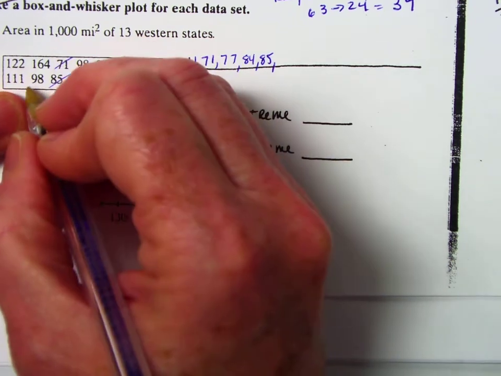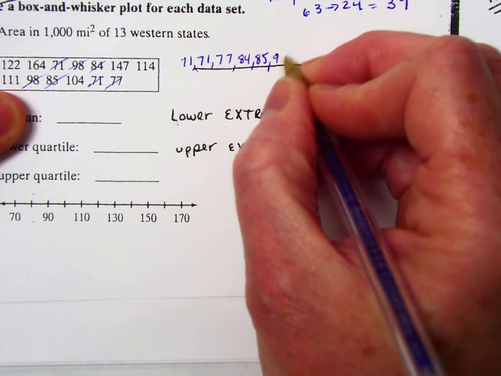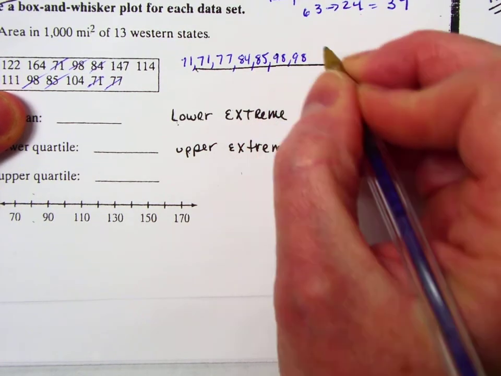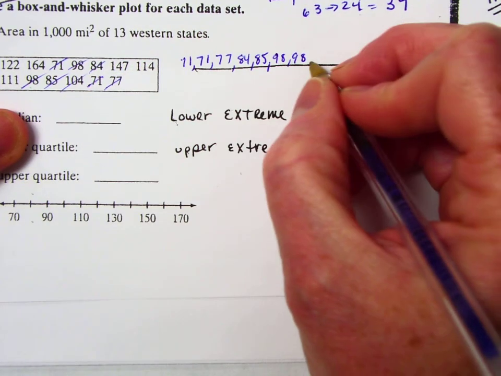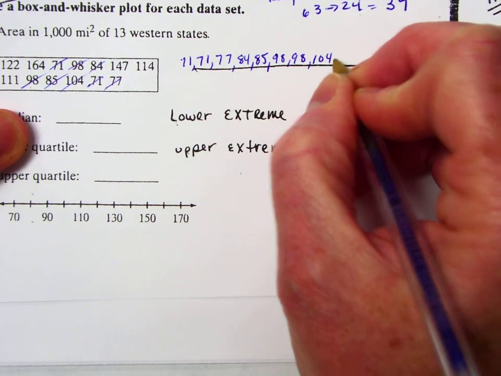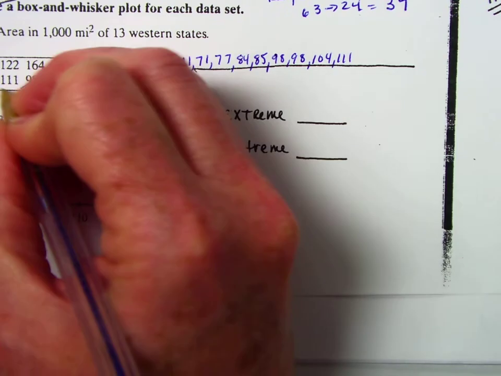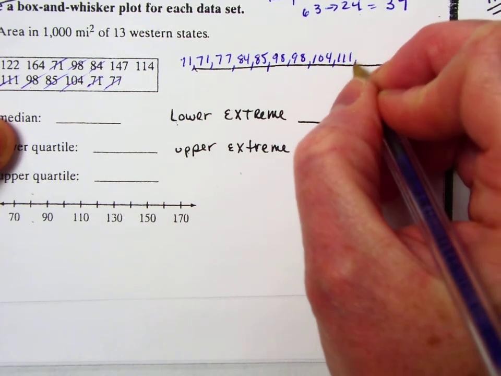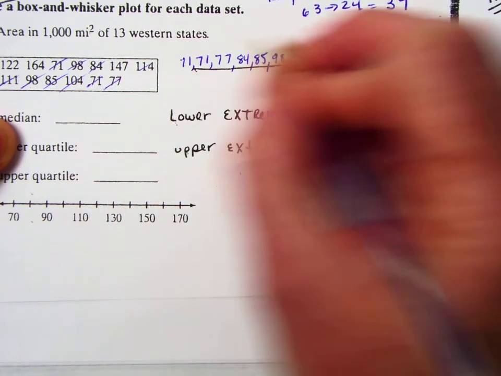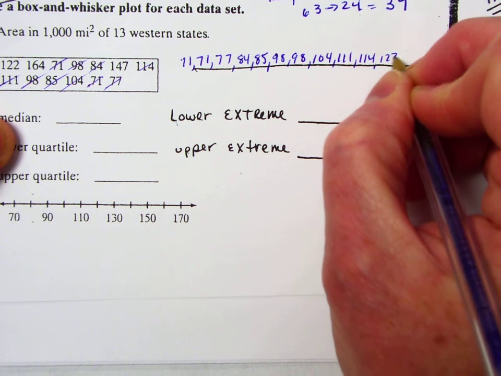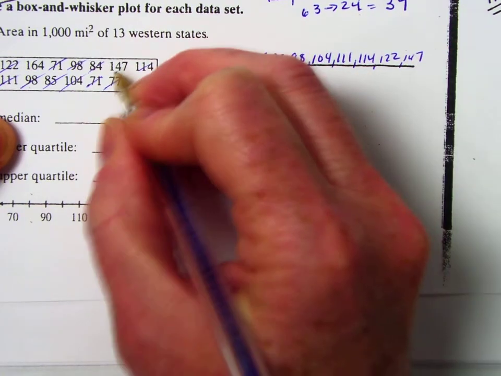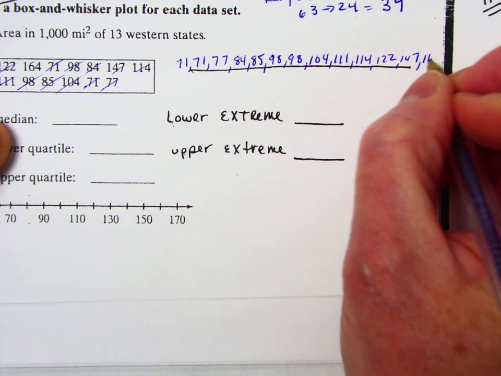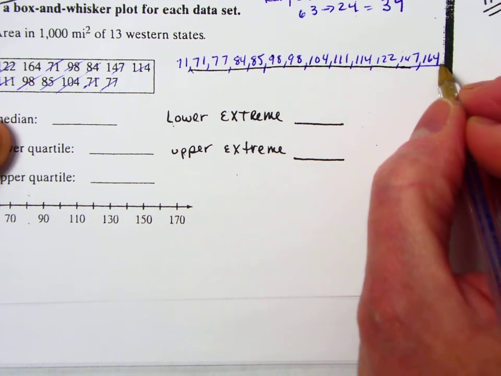I've got 2 98s. 98, 98. Ooh, 104. Then 111, 114, 122, 147, and 164. Boom. All right.